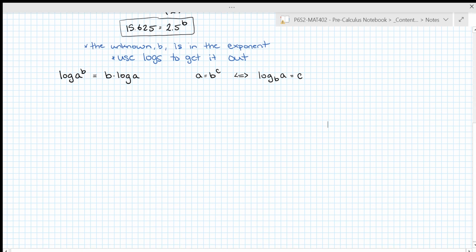Okay. I have my equation 15.625 equals 2.5 to the b power, and I'm just going to take the log of both sides to get this thing out.